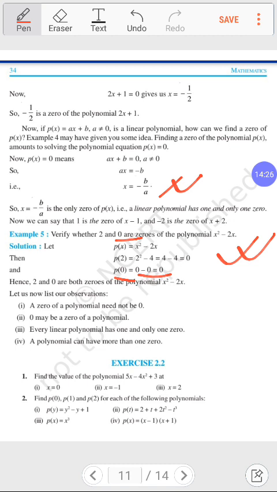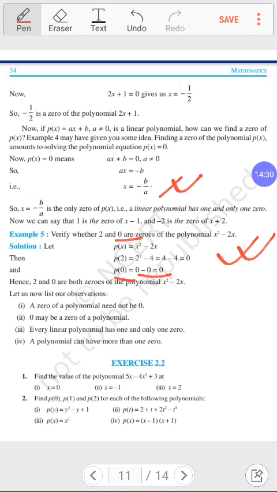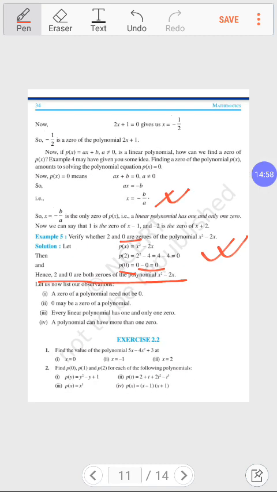Actually, yes, the maximum number of zeros in a quadratic polynomial is 2, and in a cubic polynomial is 3. In the same way, when it goes on increasing, when it becomes biquadratic, then 4. The number of zeros depends upon the power of the variable. So hence 2 and 0 both are zeros of the polynomial x square minus 2x.